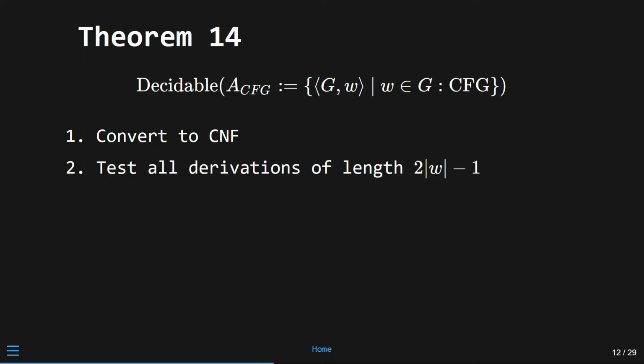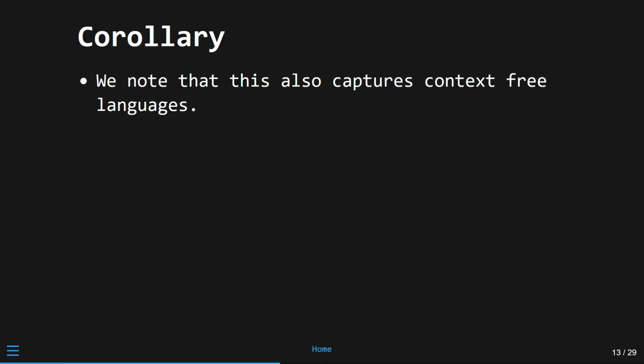I test every single derivation of that length. It's a finite number of derivations. This machine halts someday. And I'm allowed to use exhaustiveness checking here. No one cares how efficient my Turing machine is. And that's that. Corollary, what does that mean? We get all of the context-free languages.